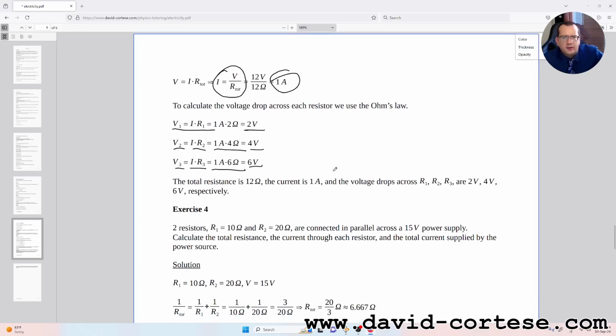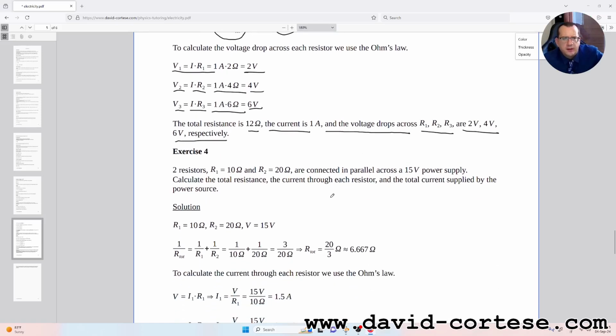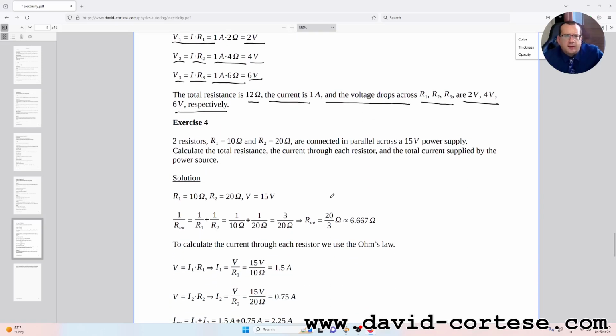So the total resistance is 12 ohm, the current is 1 ampere, the voltage drops across R1, R2, R3 are 2 volt, 4 volt and 6 volt respectively.